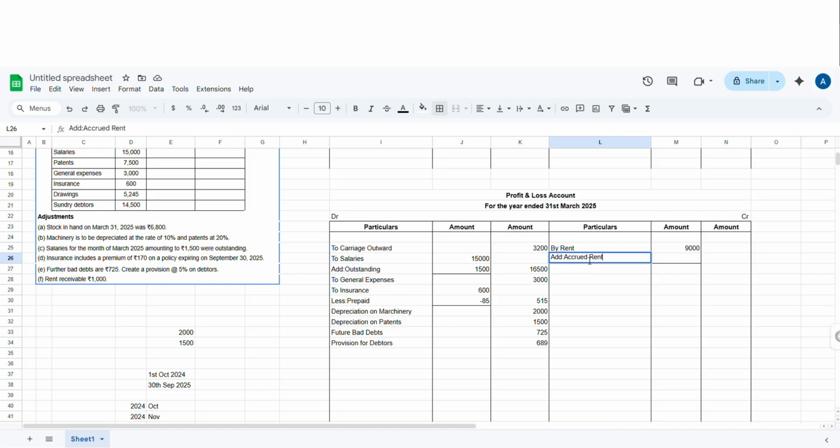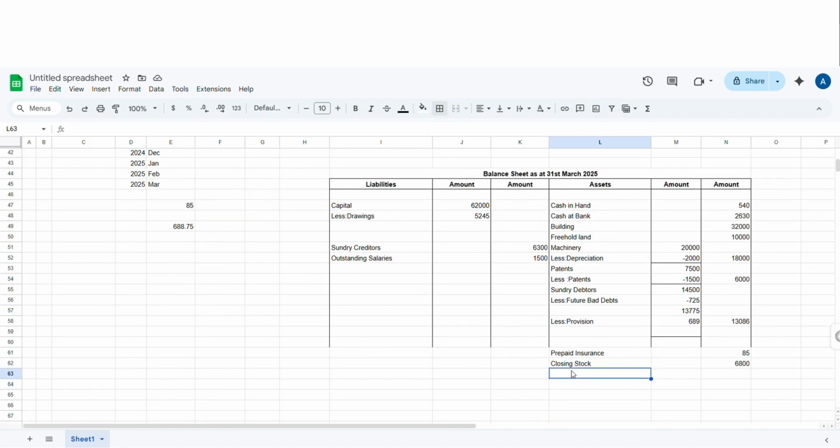We have earned the rent but we have not received it, 1,000, total 10,000. And the other entry is accrued rent in the balance sheet, that is 1,000.